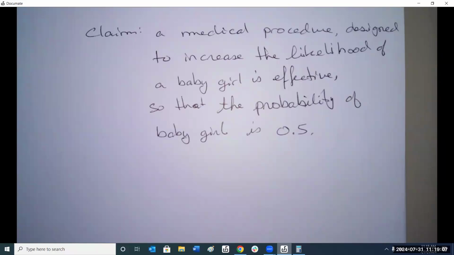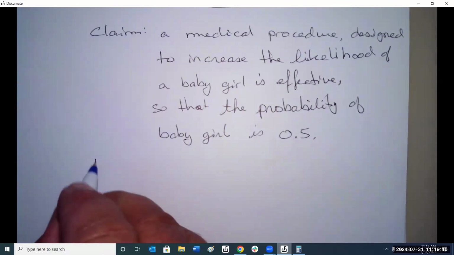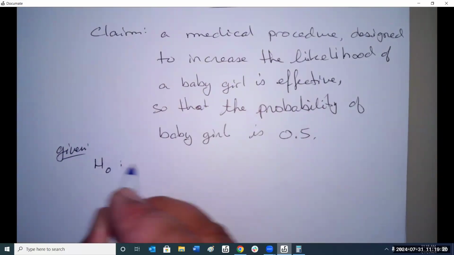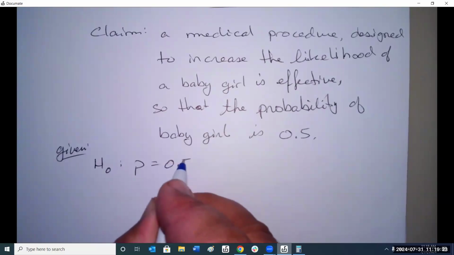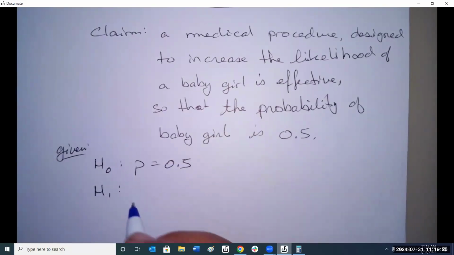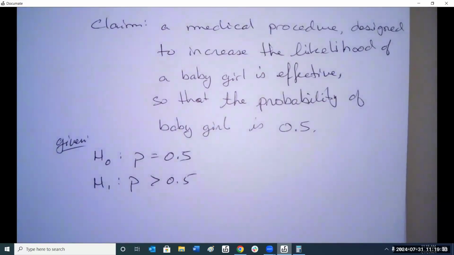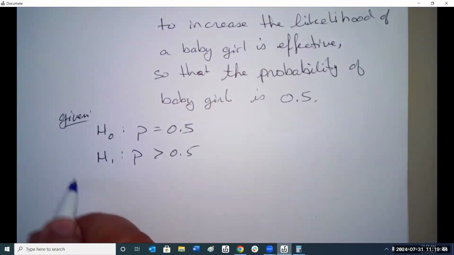Given the following null and alternate hypotheses, write a statement describing the type 1 and type 2 errors. So given H sub 0 is P equals 0.5 and H1 is P is greater than 0.5. We're supposed to write a statement describing type 1 and type 2 errors.